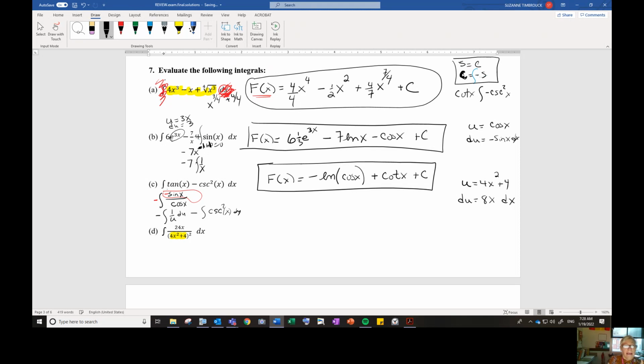Now, if you look at what we have, this is almost du. Instead of 8x dx, we have 24x dx. But 24 has a factor of 8.